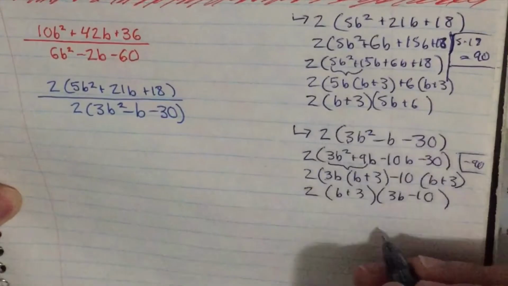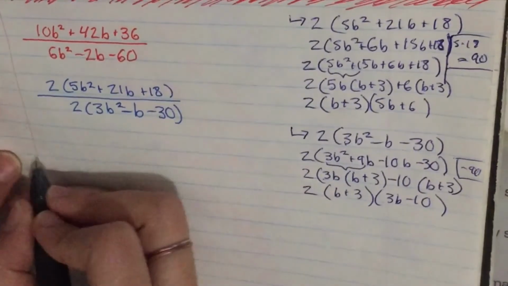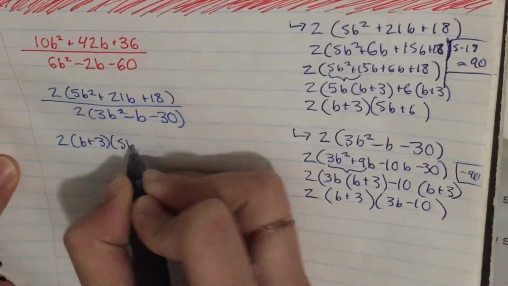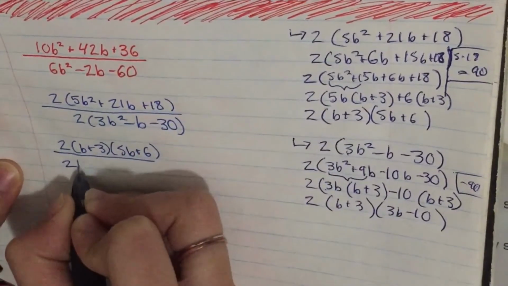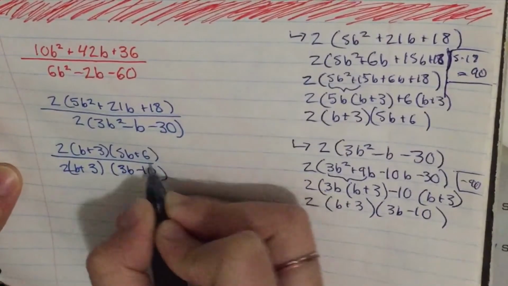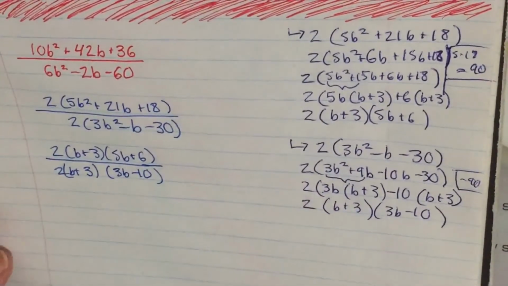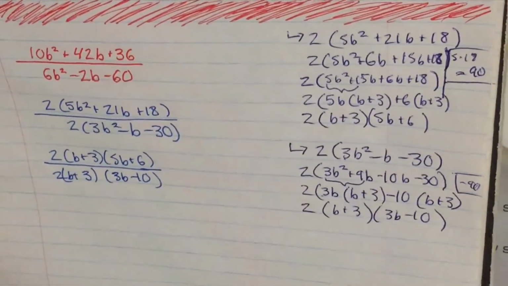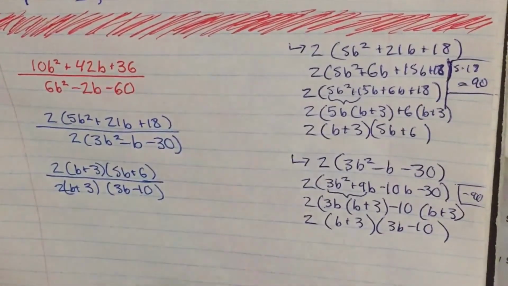Next step is to plug both of these back into the original equation. Okay, so from this equation, we are supposed to cross out any like terms to show that we are dividing.